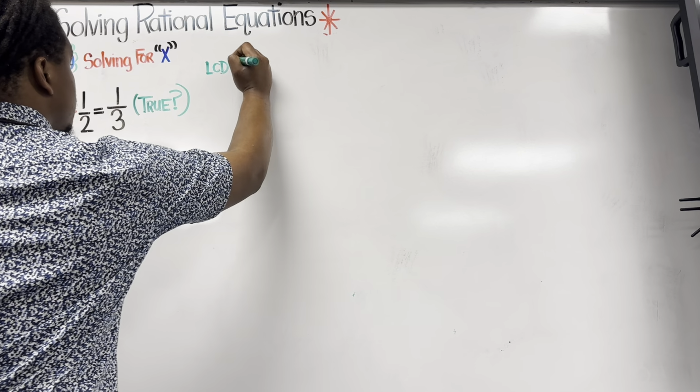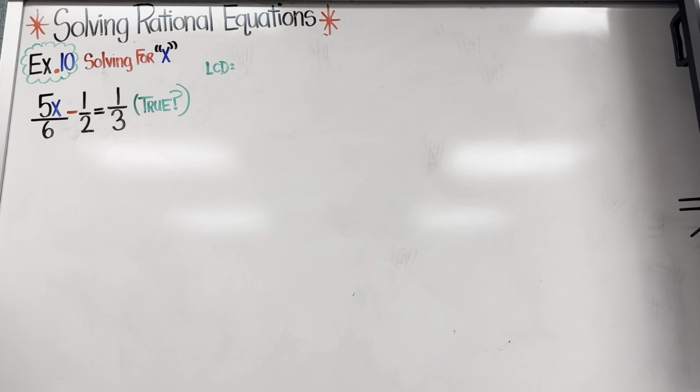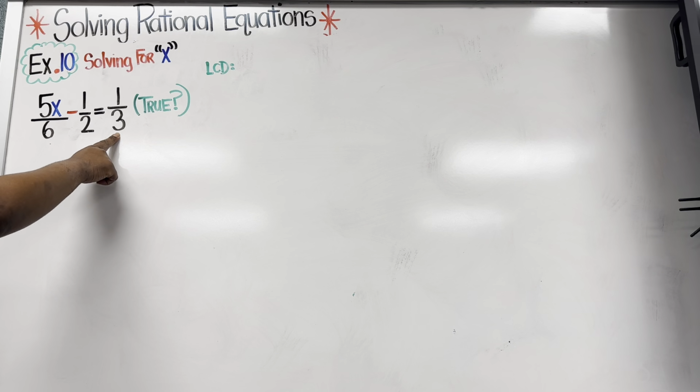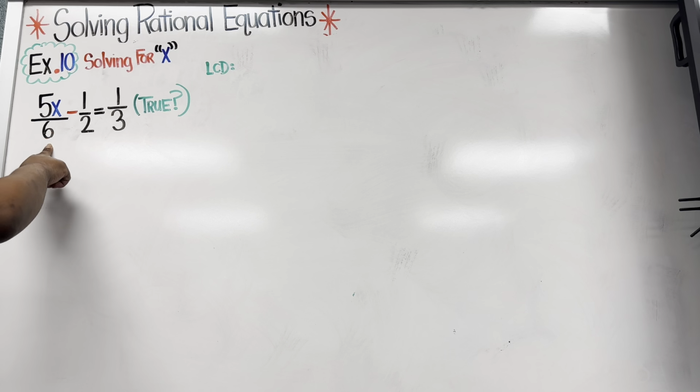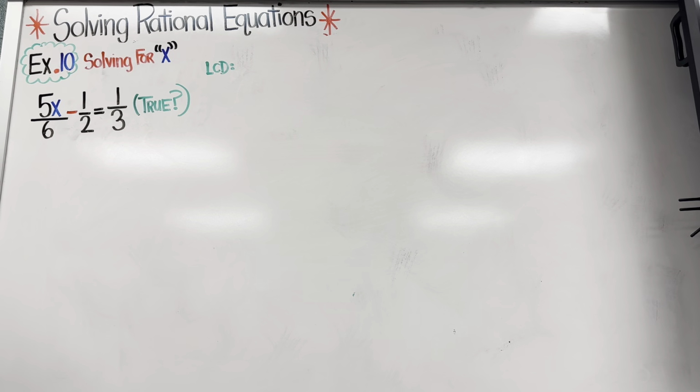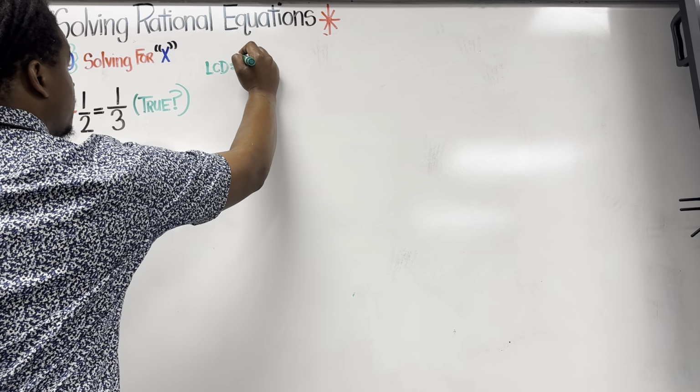Well, I know for a fact, guys, that 6 is a multiple of 2 and 3, and 2 times 3 is 6. So we're going to set 6 as the common denominator.